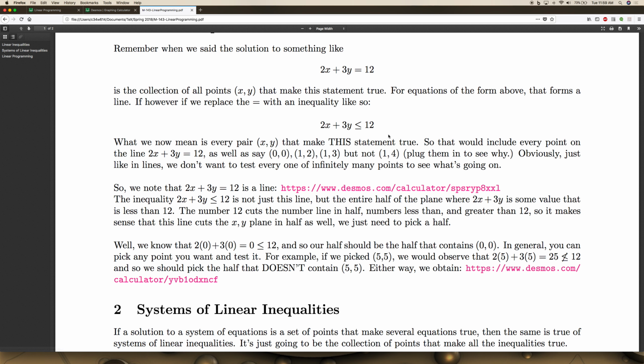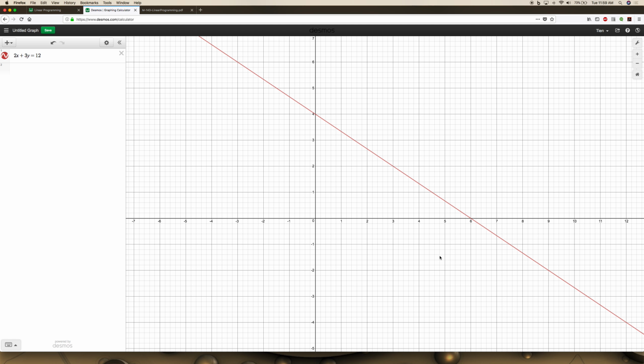So the solution to this is also a collection of points that make this statement true. And naturally, it's a ton more points than the original one. It includes all the original ones and everything that's on one side or the other side of this line.